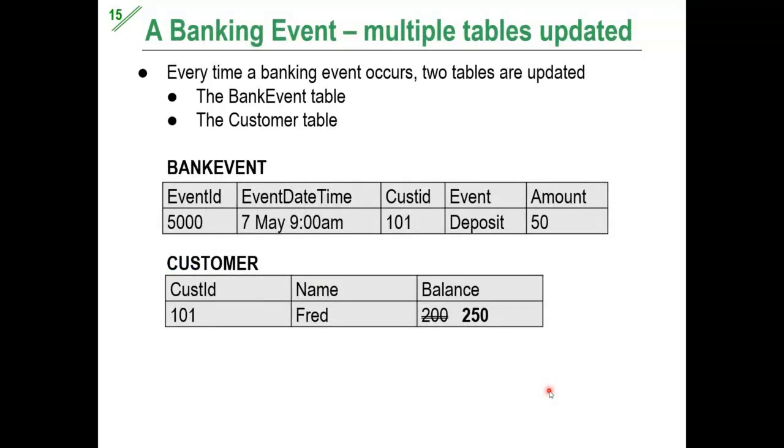So if you think about this one event, there are actually two things that need to be done, right? If this customer deposits $50, I need to update the customer account, or customer entity, and at the same time I need to update the bank event table.